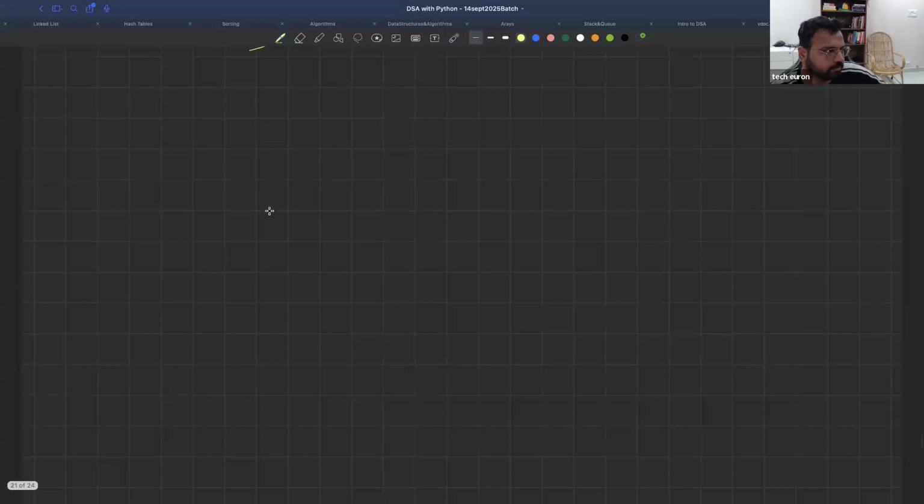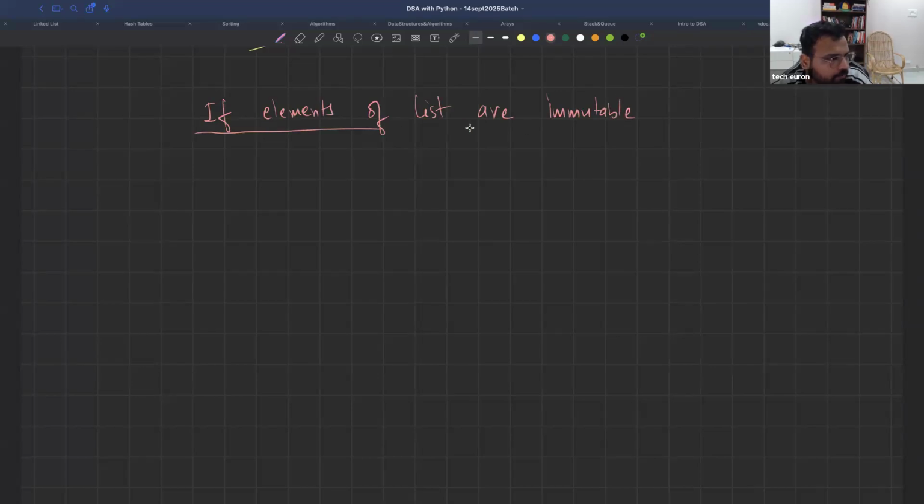There are two cases here. One is that if elements of the list are immutable, making change in the copy makes no difference.